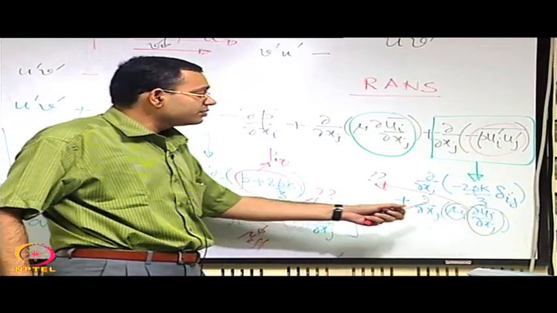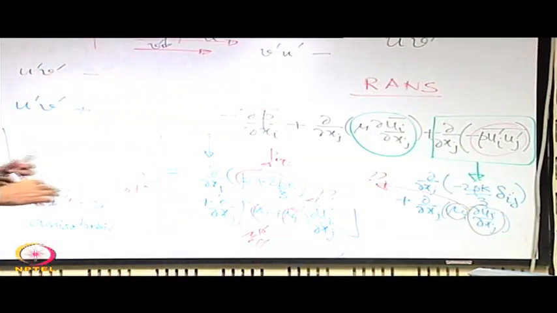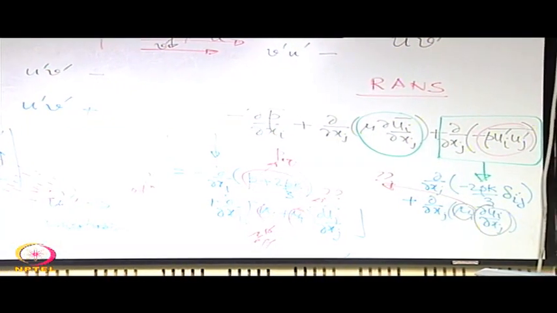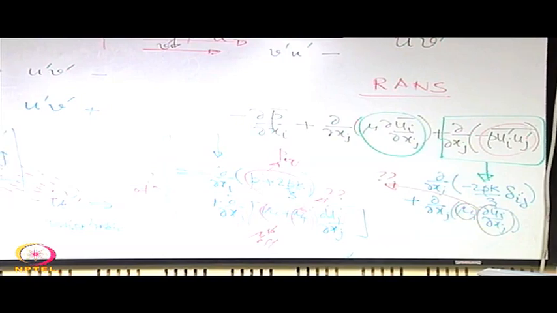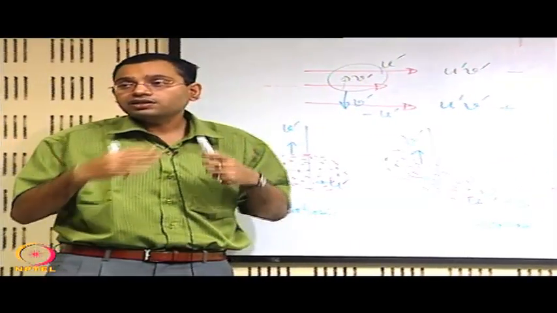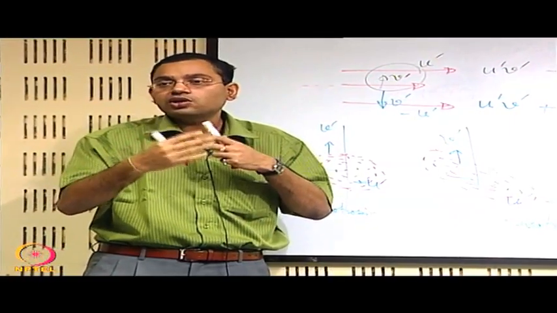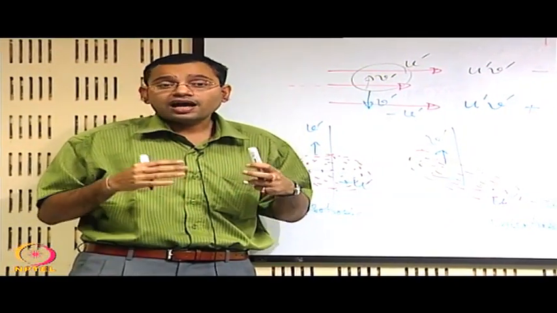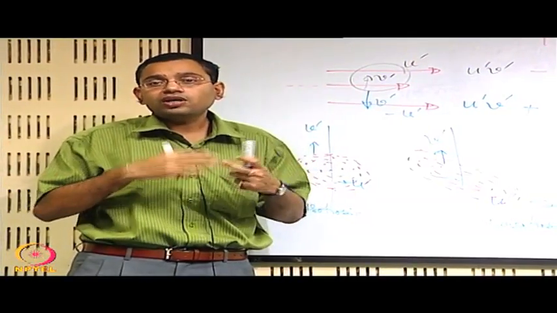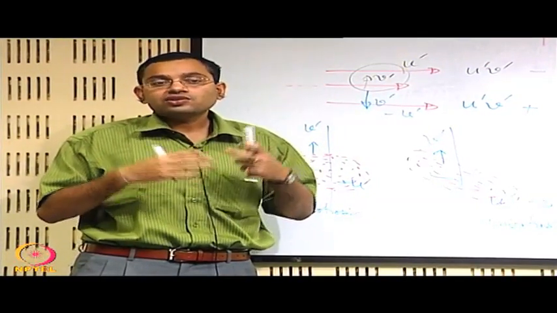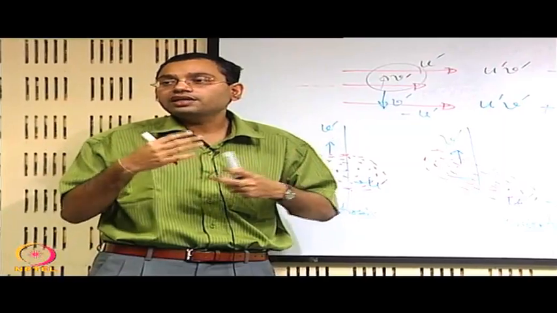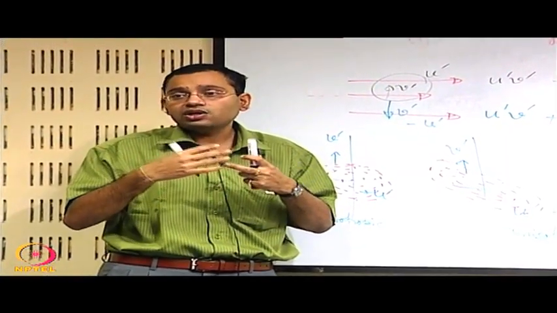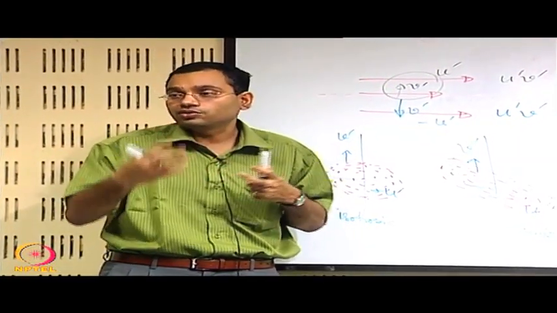The extra term is because of the momentum exchange between eddies with different fluctuations. So, it is no more molecular momentum exchange, but turbulent momentum exchange, but it has a sort of analogy with the molecular momentum exchange. And as we discussed earlier, the molecular momentum exchange also has a similarity with the kinetic theory of gases, that is, exchange of momentum between gas molecules.